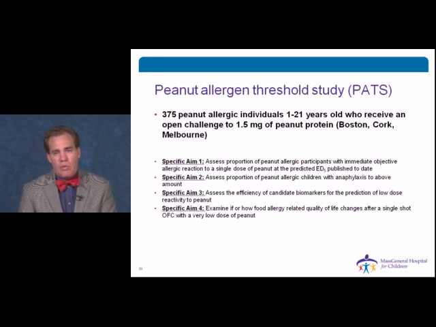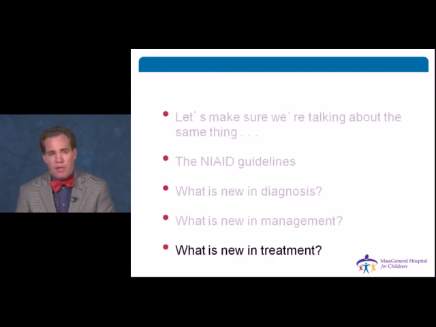And the goals are really to ask whether or not by giving a single low-dose exposure, we can stratify children with respect to risk for reactions and reaction severity to peanut. And furthermore, by doing this challenge maneuver, can we also identify biomarkers by blood testing that are tightly correlated with that risk?